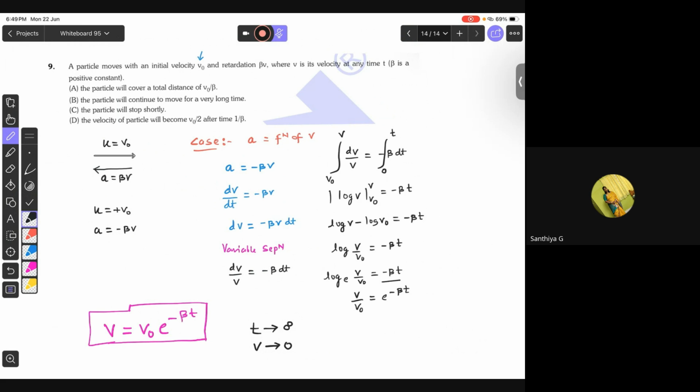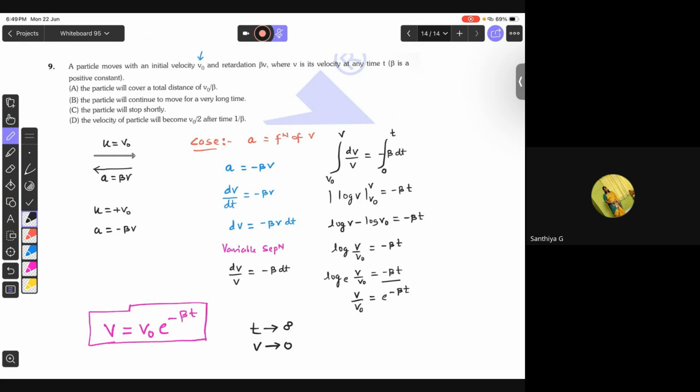It means till eternity it will keep on moving. If I ask you to find the total distance covered, you find the distance covered until it stops moving. But what to do for that? Copy this part. We will discuss that on the next page. Is this clear now?